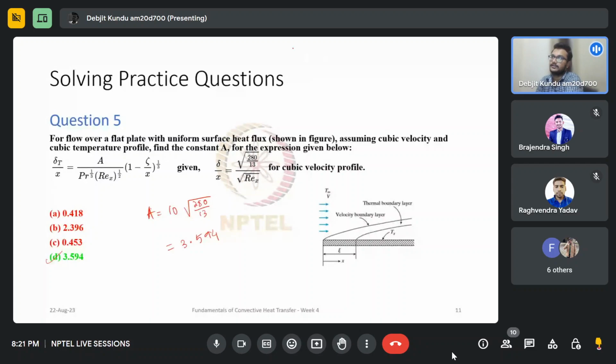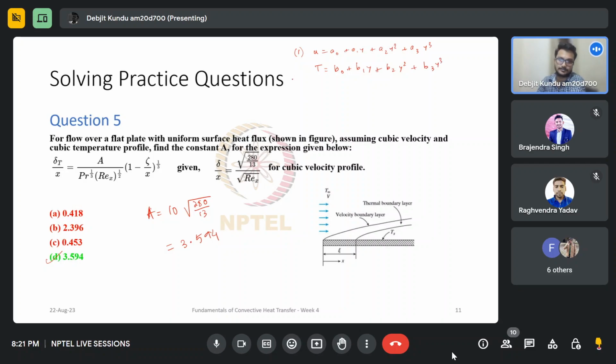So if we write down the steps, first of all, u is a cubic function of y. So this would be something like a0 plus a1y plus a2y squared plus a3y cubed. And similarly, the temperature profile would also be something like b0 plus b1y plus b2y squared plus b3y cubed.